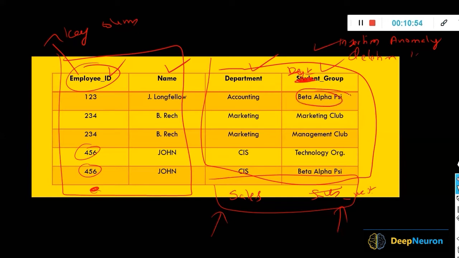So you are using a delete command. In SQL, there is a command called delete from employee table where department group is equivalent to beta, alpha.